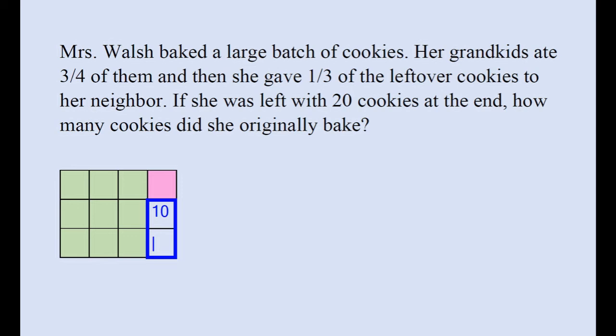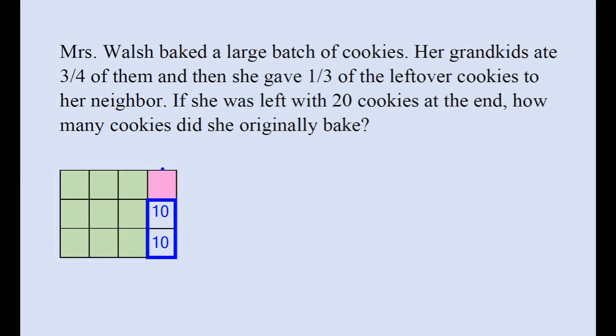And the question wants us to find out how many cookies Mrs. Walsh baked originally. Well, she baked a large batch and we used a 3 by 4 rectangle that is comprised of 12 squares to represent her entire batch.